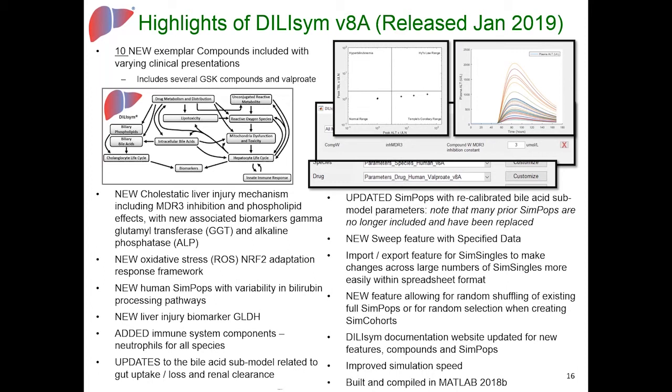So just look for that. I'll mention it briefly in the demo as well. We've added some new graphical interface features, and I'll go through those in the demo. And we've also updated the MATLAB version that we've compiled this on. It's now 2018B, so the latest, greatest version.